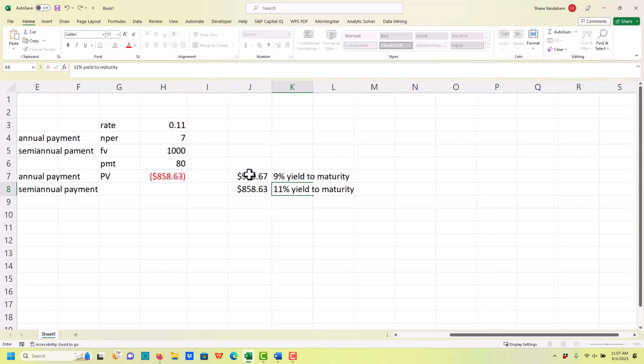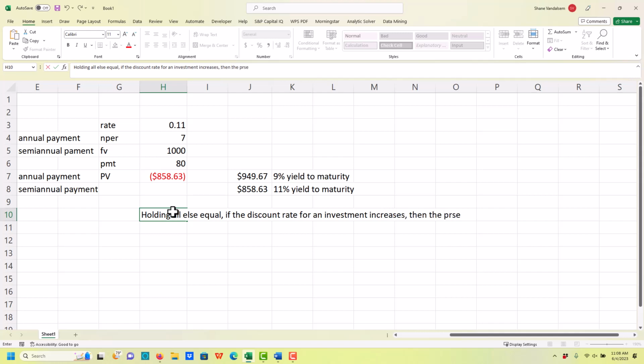So one important thing you need to take out of this class is the relationship between prices and interest rates, or the price of an investment and interest rates. And it is an inverse relationship. Holding all else equal, if the discount rate, and that's what this is, a discount rate for an investment, increases, then the present value, or the price today, value decreases.